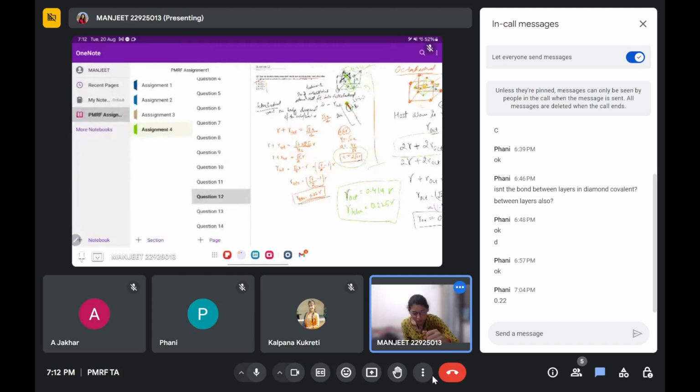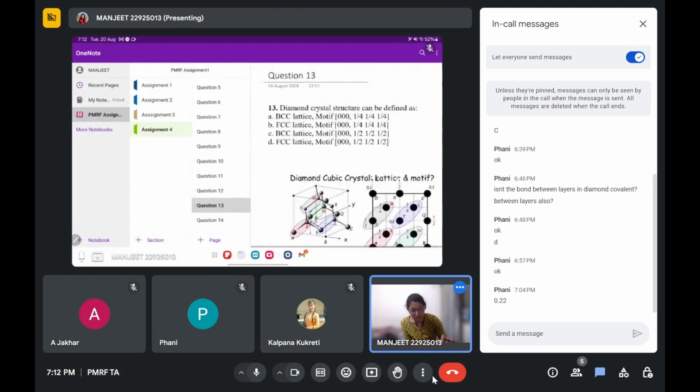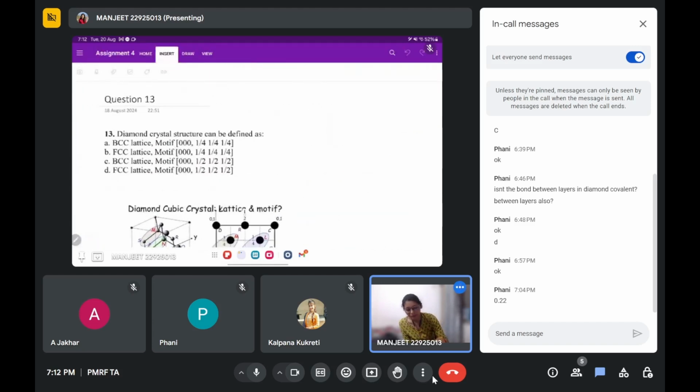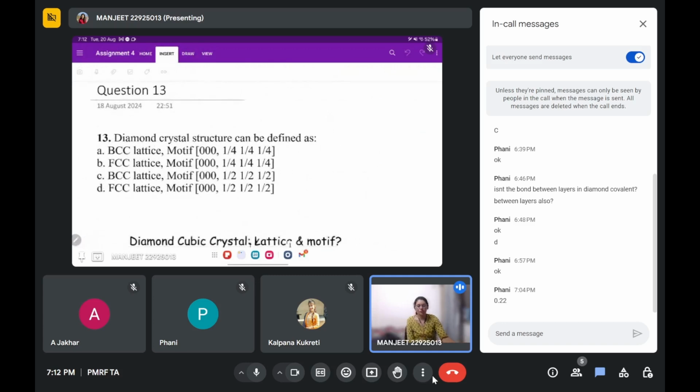Now move to question number 13. So now you have to tell me what is the diamond crystal structure. What will be the diamond? We have already discussed the zinc blende. What is the structure of the zinc blende? It is more or less the same as the zinc blende one.